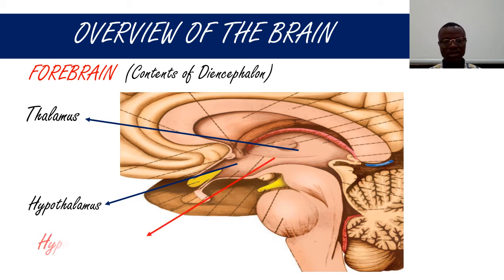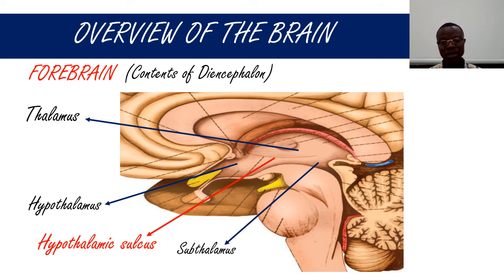This is called the hypothalamic sulcus. Moving more posteriorly, we will look at the structure of the diencephalon that's located here. This area of the diencephalon is referred to as the subthalamus.